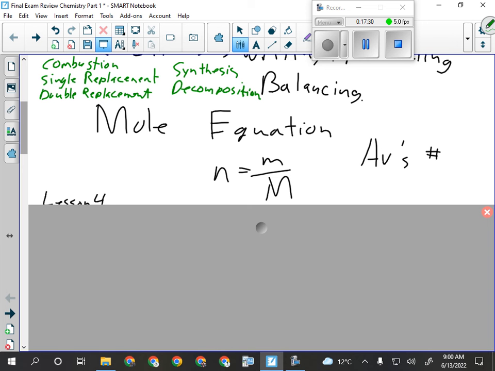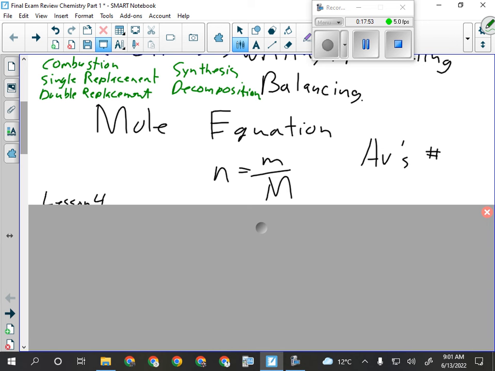It's not something you have to memorize. 6.02 times 10 to the 23 is the number of particles in a mole.